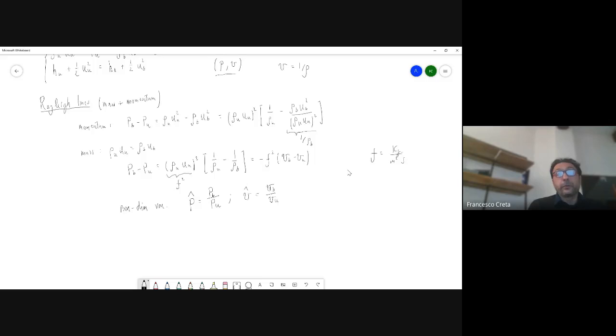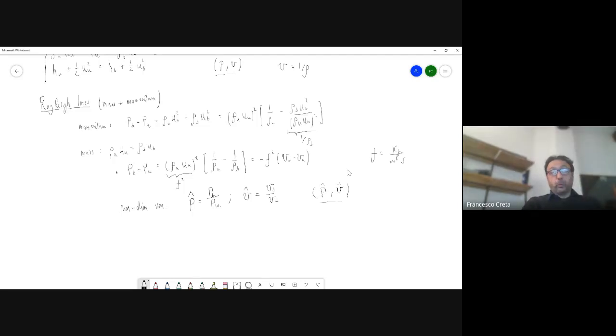So my plane of interest is going to be PV. I simply now want to express my Rayleigh lines, which represent conservation of mass and momentum, on this plane here.